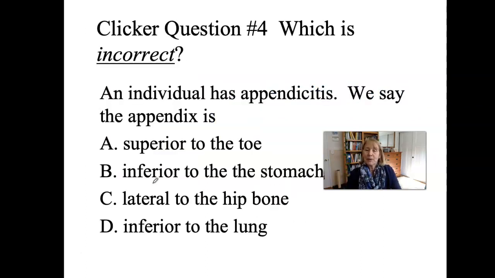Sometimes I'll have questions that say, and this always confuses people, which is incorrect. So which of these would be incorrect? An individual has appendicitis. We say that the appendix is what? I'll give you a minute.